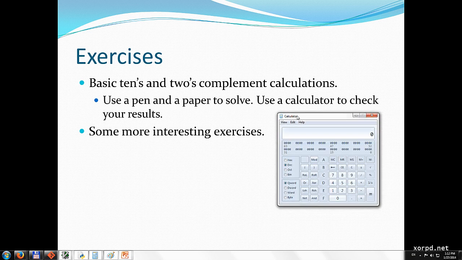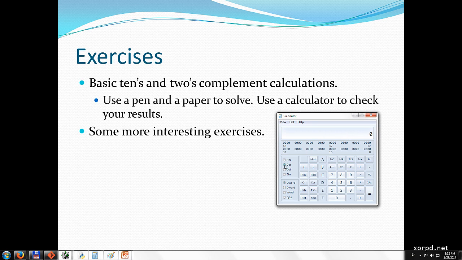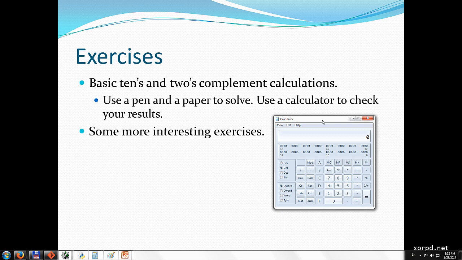If we pick here the decimal option, then we could write, for example, some signed decimal number, just like you would do usually with a calculator. For example, minus 16 equals minus 16, and we have here this result, minus 16.